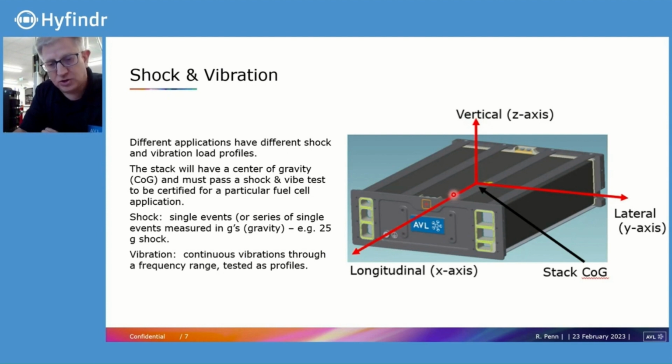And if you're in a train, there will be shock loads from when the cars hit together, and there may be a shock in another direction. So all those have to be considered when we're designing the stack.